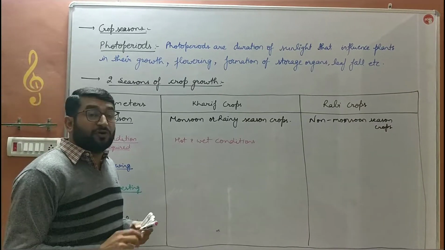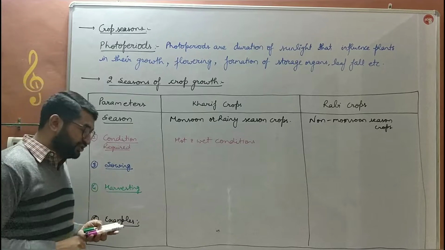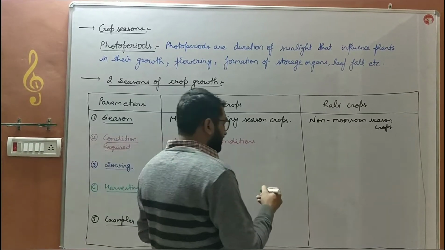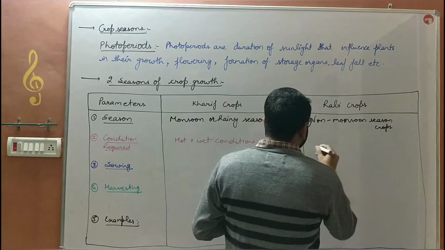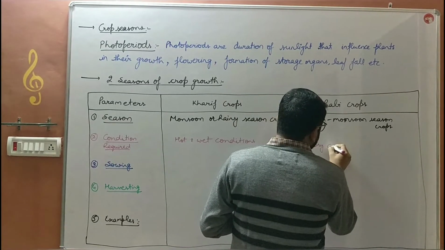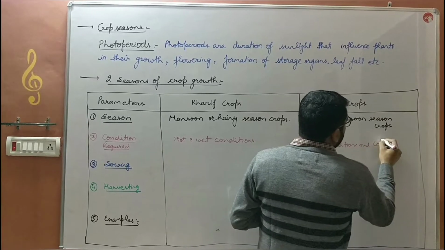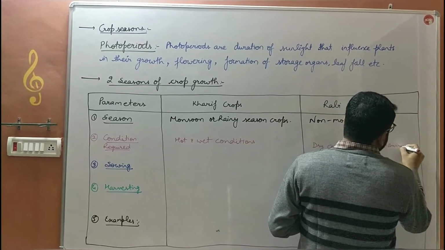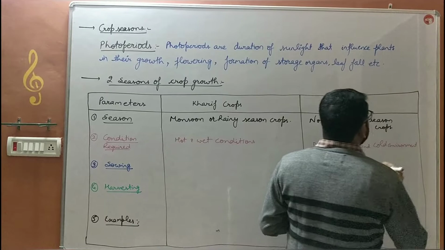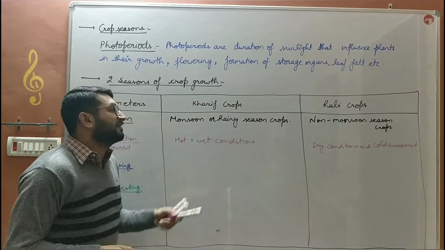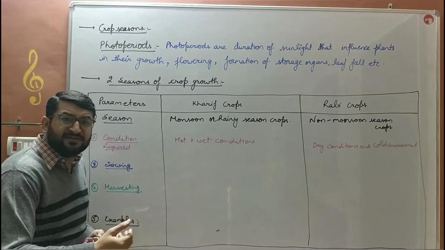So these crops require hot and wet conditions, whereas the rabi crops require dry conditions and a cold environment. That's why they usually grow in winter season, and kharif crops usually grow in summer season.